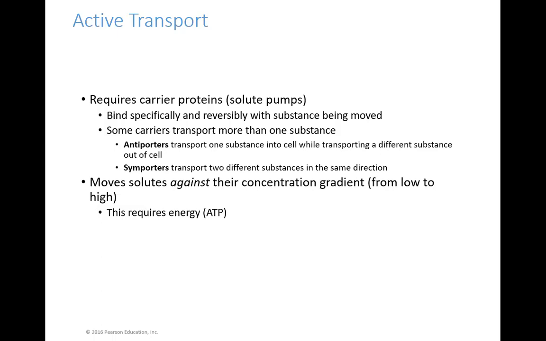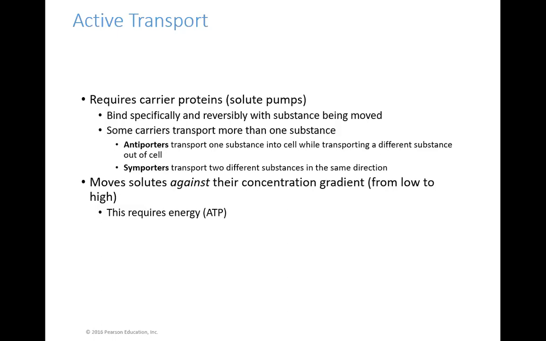cells have to move stuff across their membrane, but it's coming against the concentration gradient. It's going in the opposite direction. It's going essentially uphill to go into the cell or out of the cell. They have to work harder. You may have a low concentration of something outside, and you need to bring it into the cell where it's high. You may have an ion outside the cell that you need. Lots of ions are inside the cell. It's not going to come in passively.